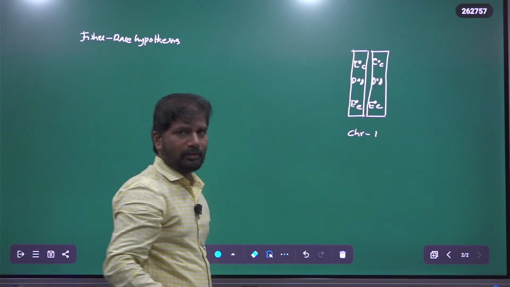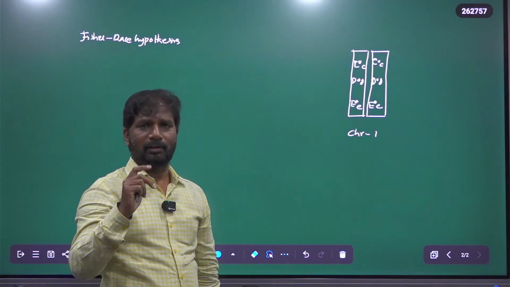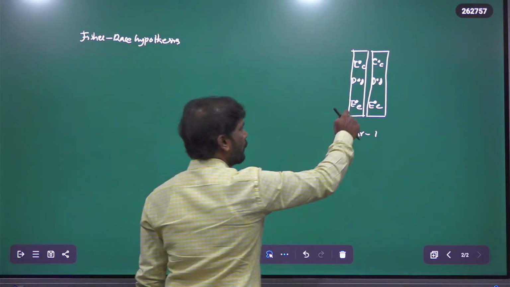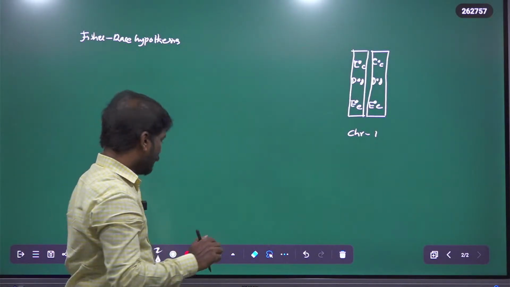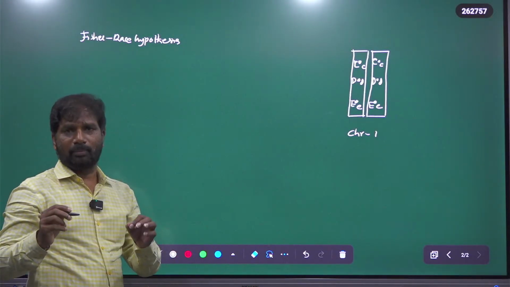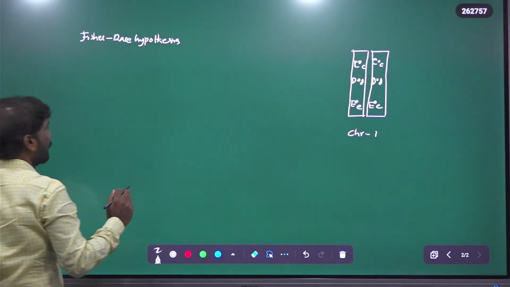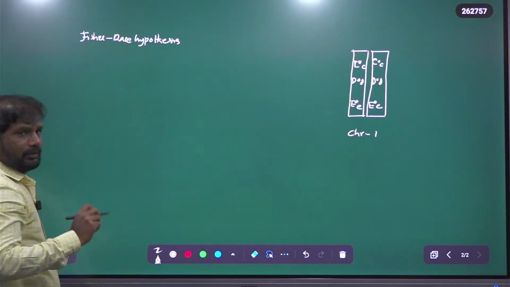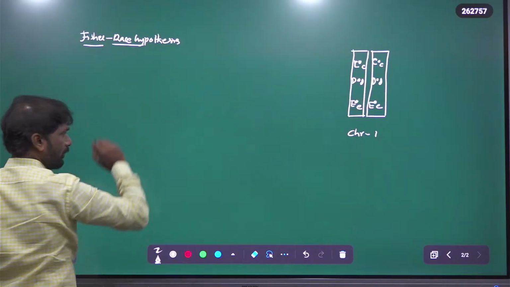So there are 3 dominant alleles and 3 recessive alleles present. According to these 3 pairs of alleles, we can find the different types of genotypic composition according to the Fisher and Reis scientists.